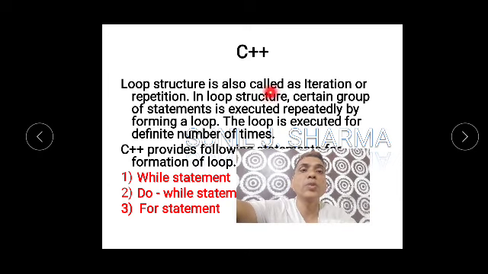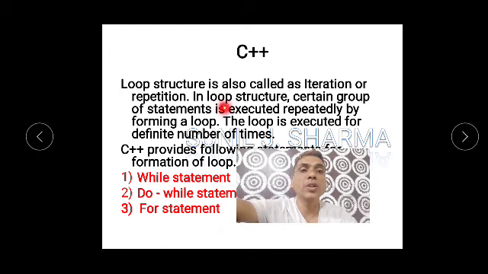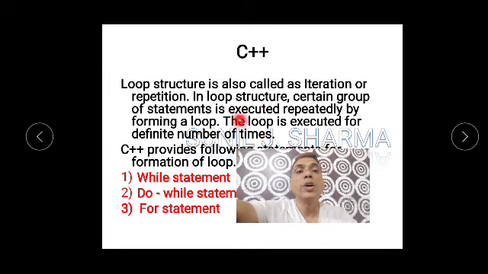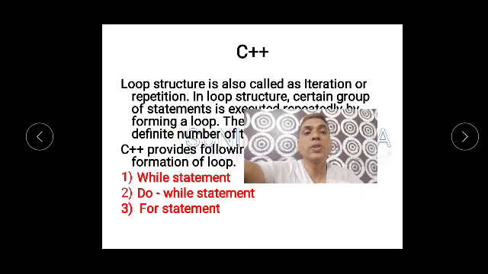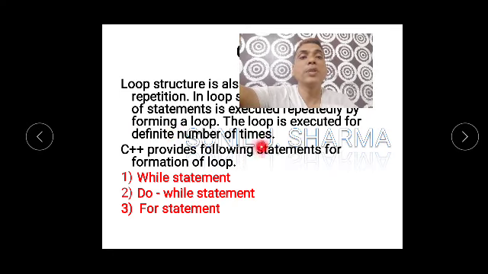Then we have loop structures, or we also call it iteration or repetition. In a loop structure, a certain group of statements or instructions is executed repeatedly by forming a loop. A loop is executed for a definite number of times. C++ provides statements for the formation of loops.